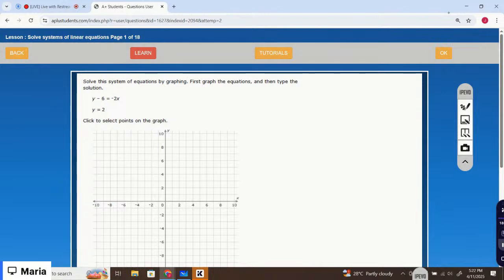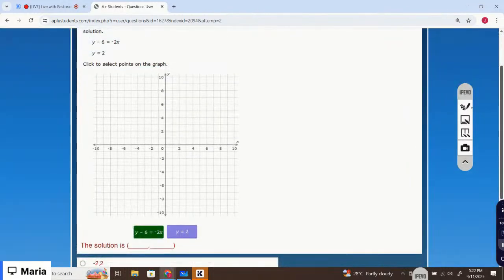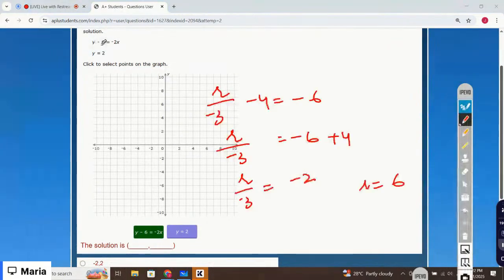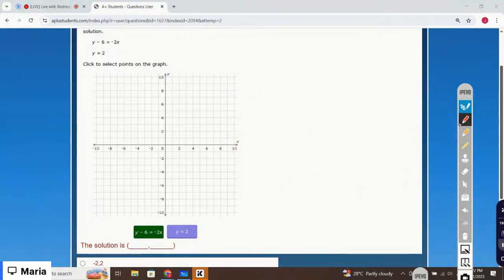So let's just see how we plot the graph. For the first equation, we're going to find the intercepts.